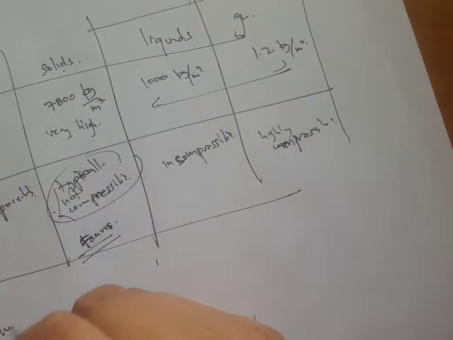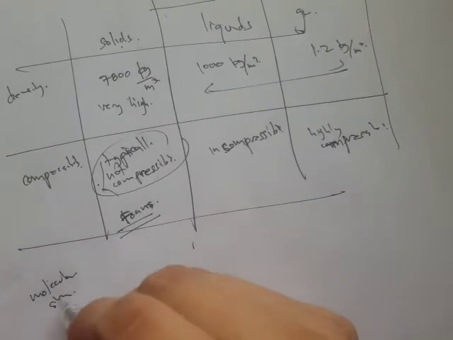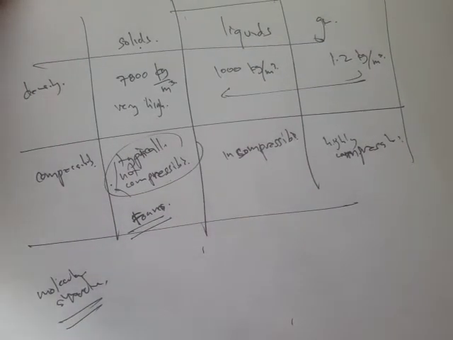And also you can look at the molecular structures. So I guess we have differentiated completely fluids from solids. Now let's move on to our lecture number 2, which is properties of fluids.